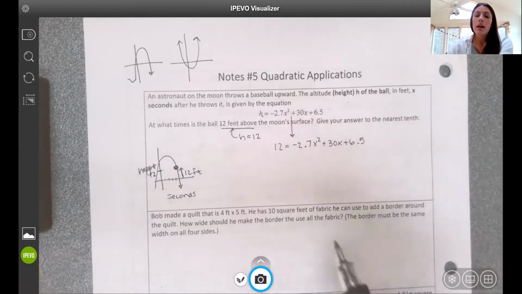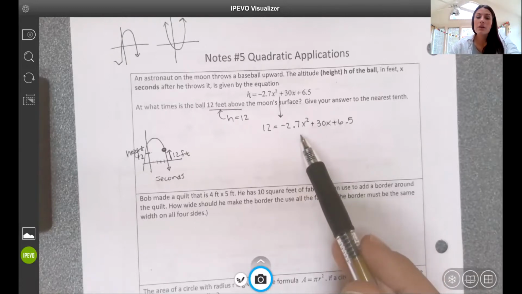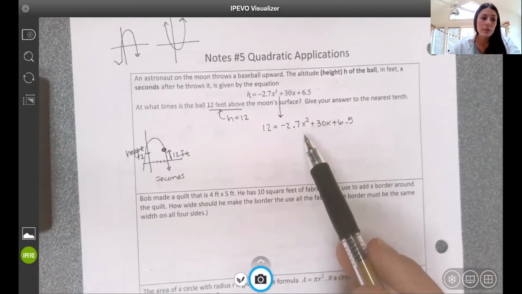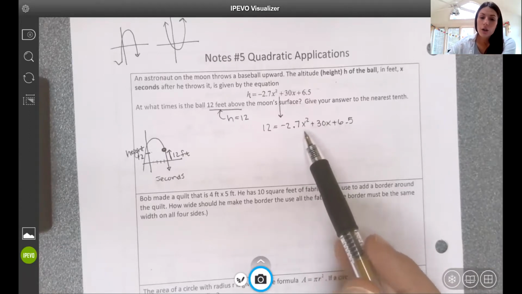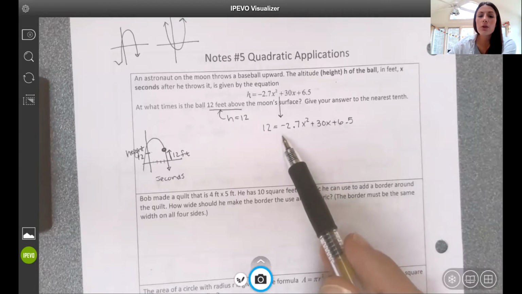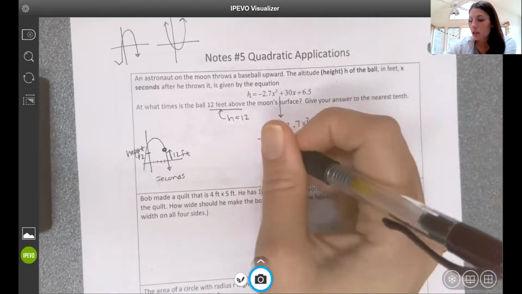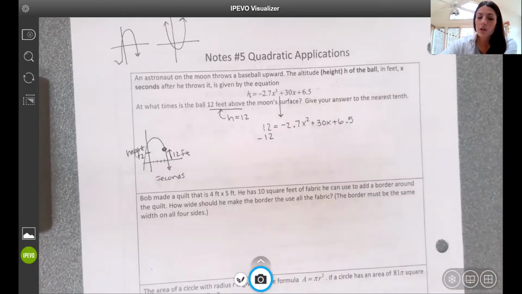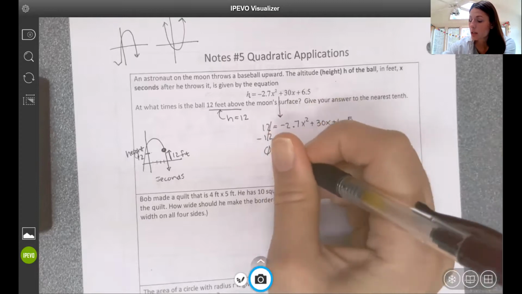In order to solve this, first of all, we know we're not using square roots because we have a variable term that's in more than one spot. So we have to use factoring or the quadratic formula. In order to use either of those methods, we need to get this set equal to 0. So the next thing I'm going to do is subtract 12 from both sides and get my equation set equal to 0.